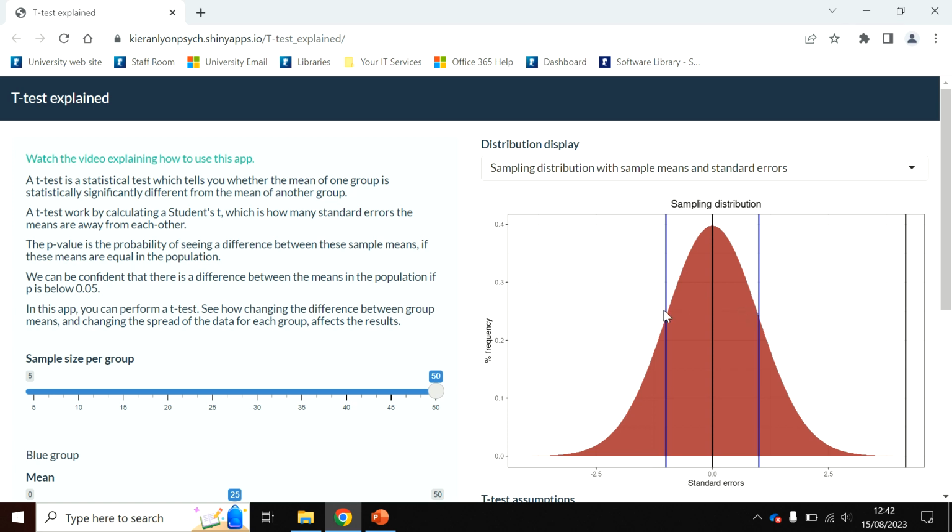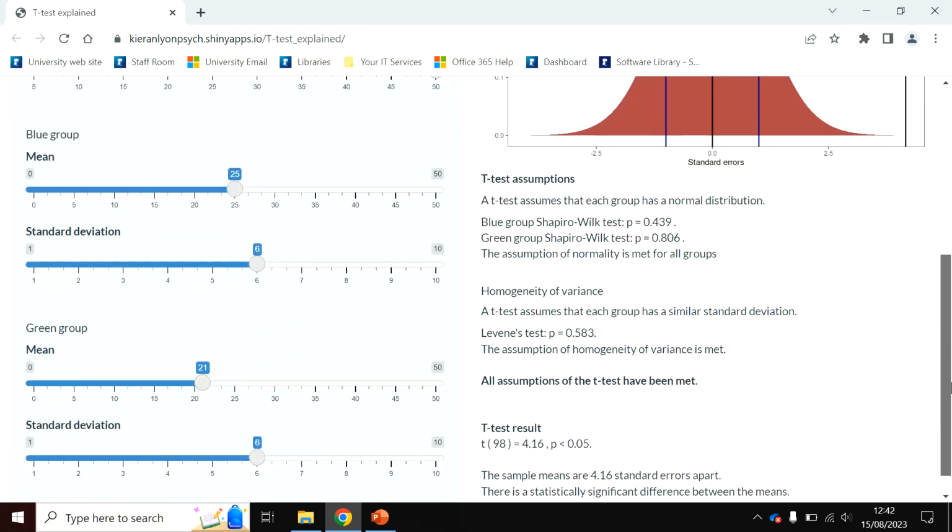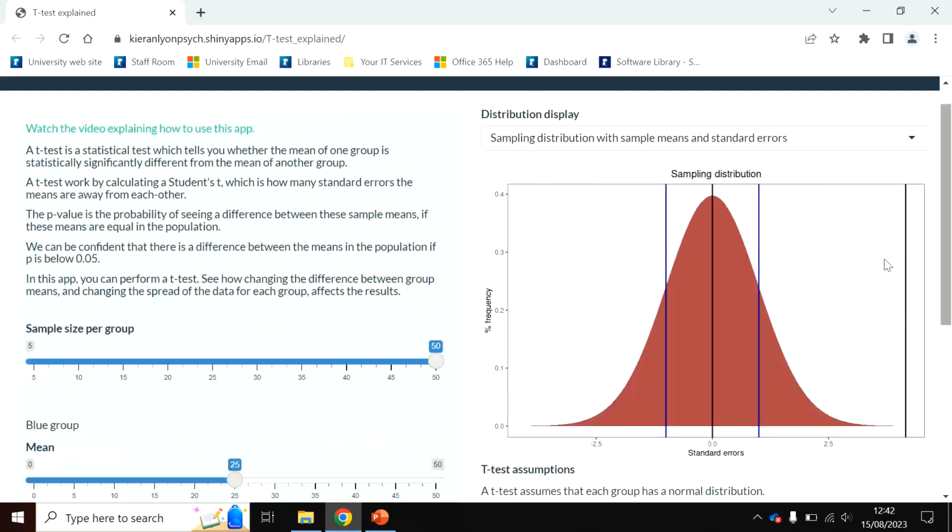Okay, and so what we can see here is that that's the mean minus 1 standard error and plus 1 standard error, and we can also look at that t-statistic, it's 1, 2, 3. That's in fact over 4 standard errors apart.